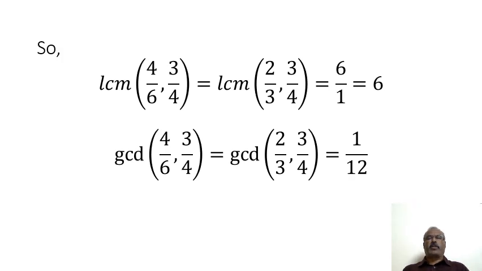GCD of 4 over 6 and 3 over 4 equals GCD of 2 over 3 and 3 over 4, which are again the simplest forms of 4 over 6 and 3 over 4. So this GCD equals 1 over 12. The computation of LCM and GCD of 2 over 3 and 3 over 4 we have covered just a few minutes ago in this video.